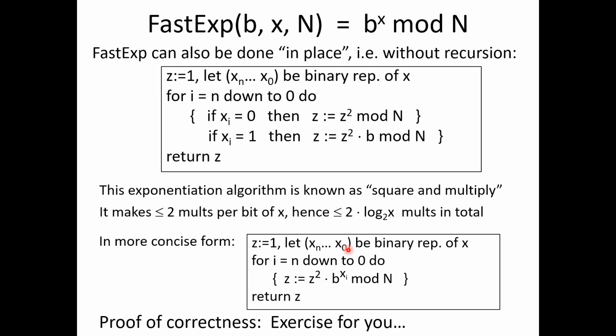The textbook, now you saw 2 versions of square and multiply, the textbook has a third. The textbook has a version that is perhaps easier for a human to emulate on a piece of paper. It has more multiplications.